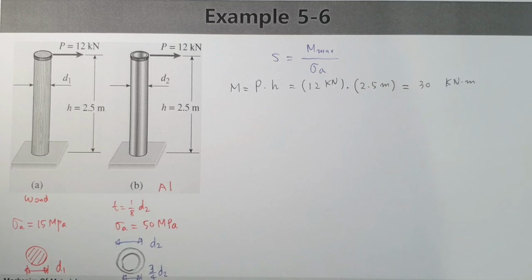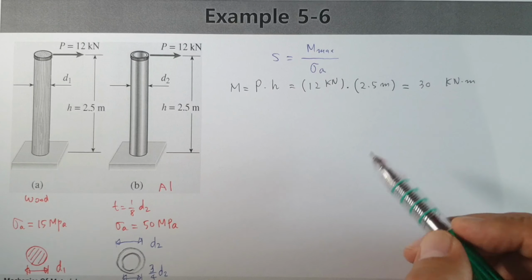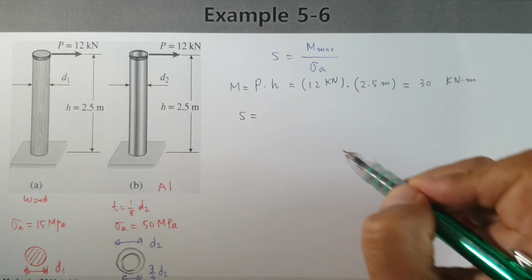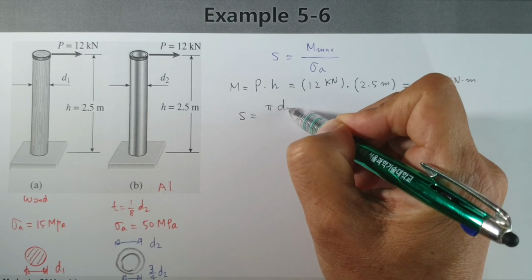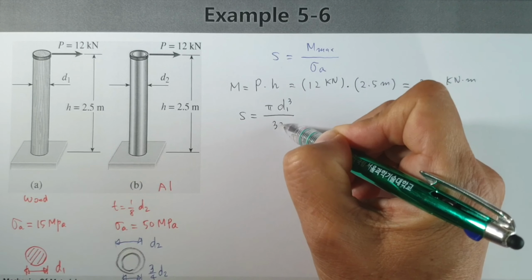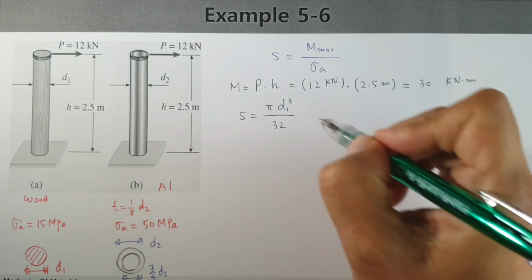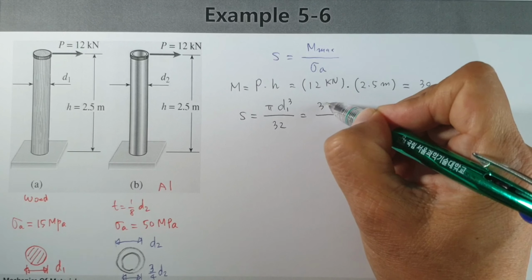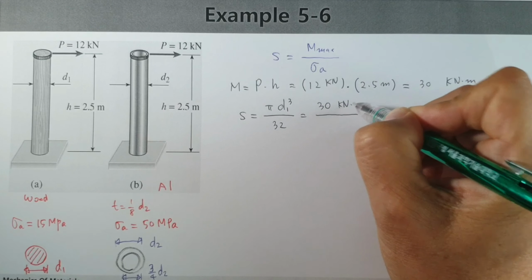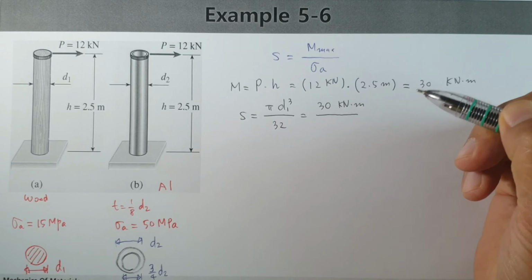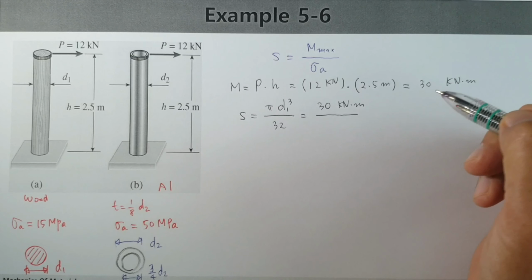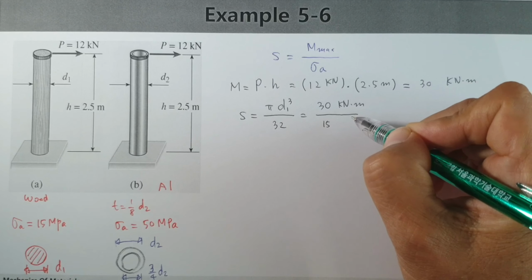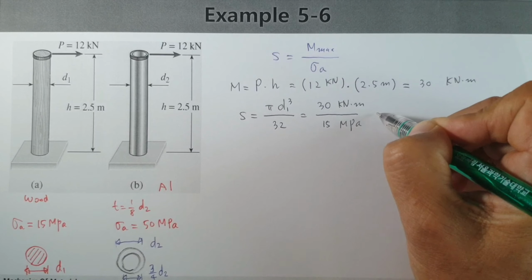And when you apply this formula here, S equals, in the case of a circle, pi D1 cubed over 32. This one equals the maximum bending moment, 30 kilonewton meter, divided by the maximum allowable stress, 15 megapascal.